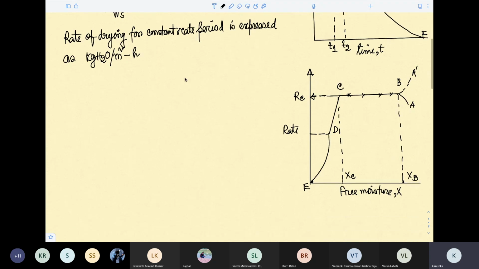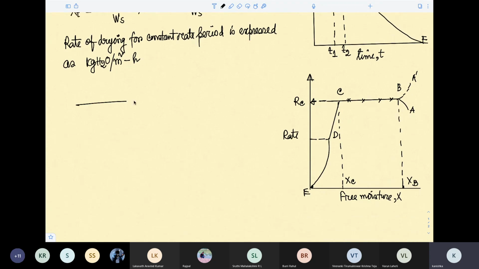Let's say I have this tray, and in this tray I have put the food up to this level. The tray has some dimensions like this. This part is blocked, this is solid, this is solid, here it is solid.